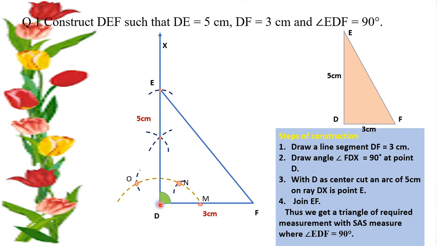Now we open the compass for a 5 centimeter radius, place the pointer at point D, and cut an arc on the ray DX. The point of intersection of the ray and arc is point E, which is 5 centimeters from D. Then we join E to F and get the required triangle of the given measurements.